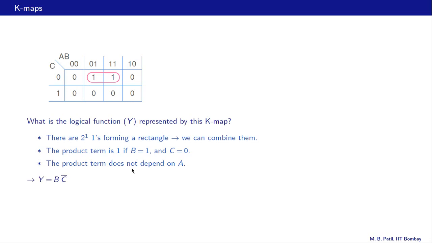So the only product term which satisfies all these conditions is b and c bar. This product term is 1 if b is 1 and c is 0, and it does not depend on a. And since in this case this product term represents the logical function y, we can say that y is equal to bc bar.